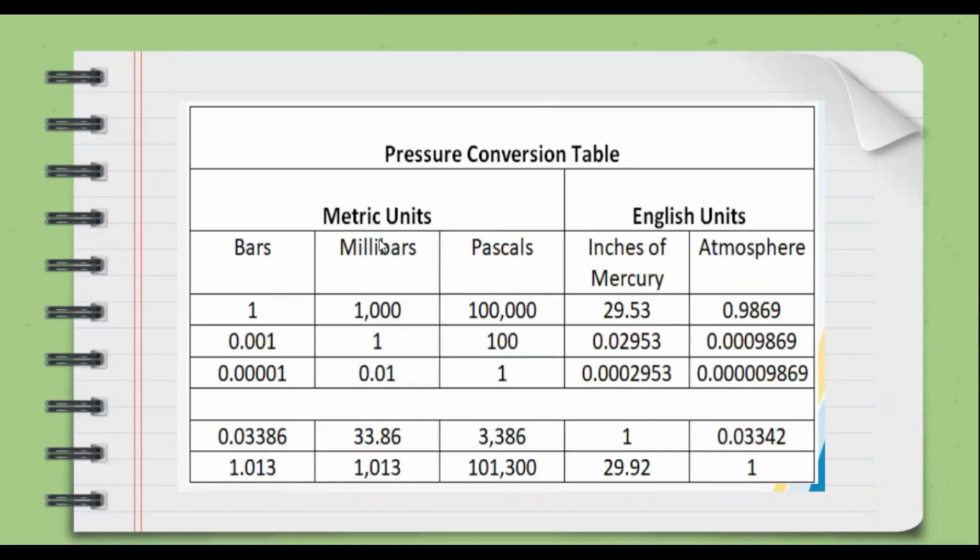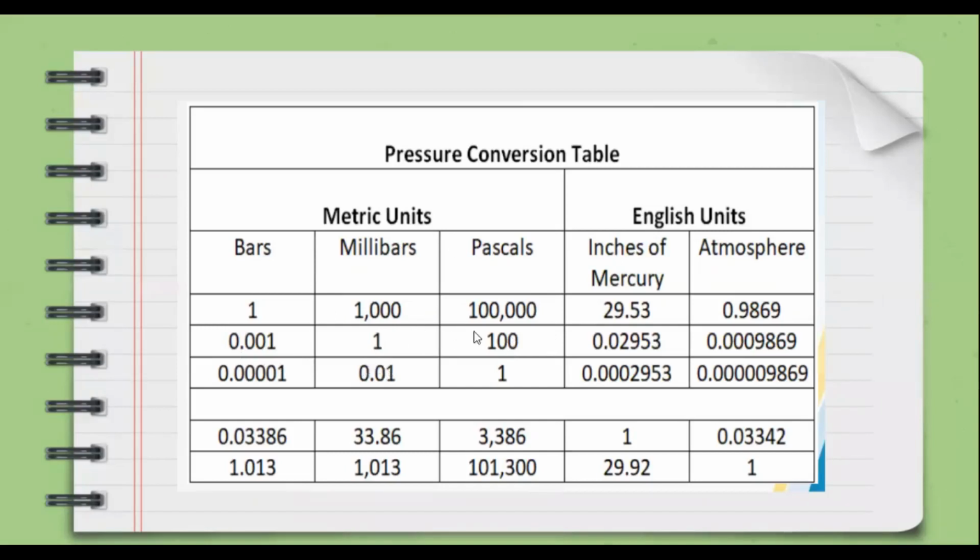In English units, we have inches of mercury and atmosphere. 1 bar is equivalent to 1,000 millibars and 100,000 pascals. 1 millibar is equivalent to 0.001 bars and 100 pascals.